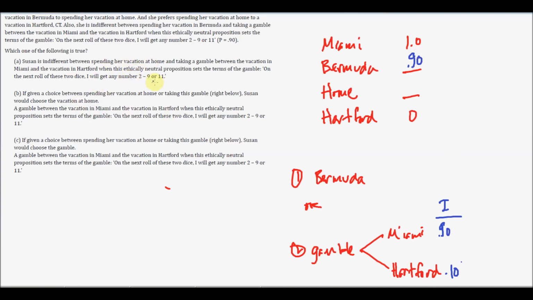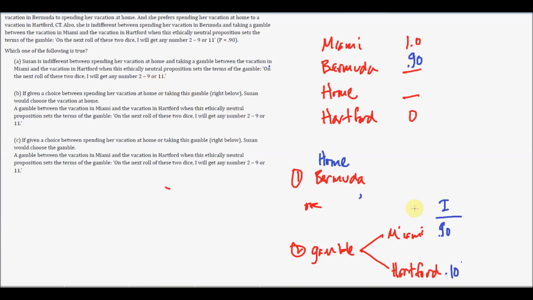Which one of the following is true? Susan is indifferent between spending her vacation at home, so we're thinking about having home here, or taking a gamble between the vacation in Miami and the vacation in Hartford. So same two choices. The ethically neutral proposition is, on the next roll of these two dice, I will get any number 2 through 9 or 11.